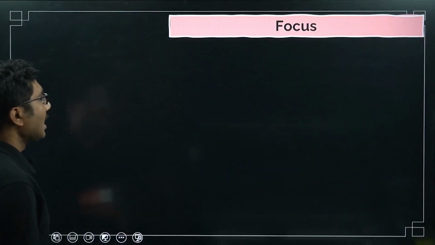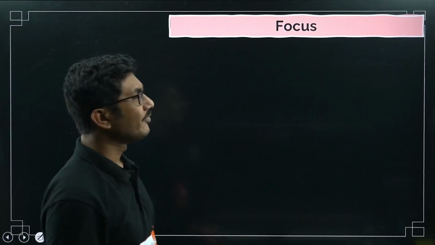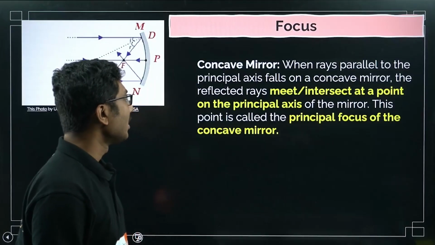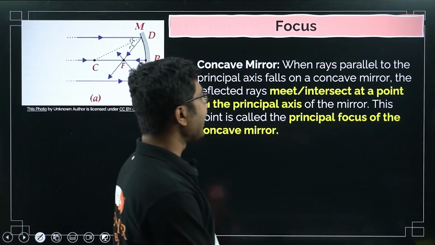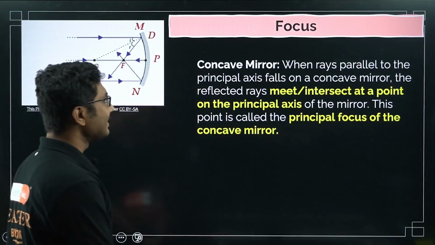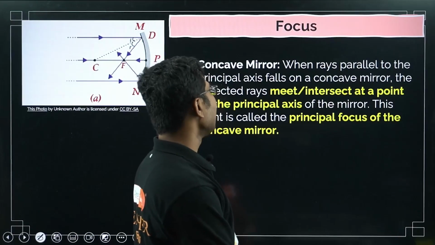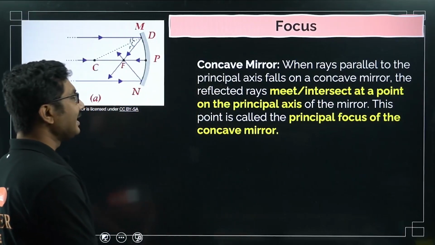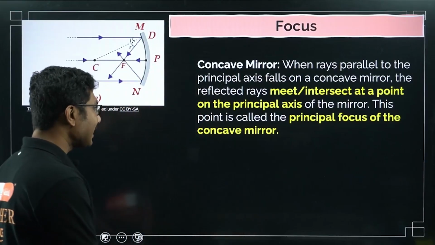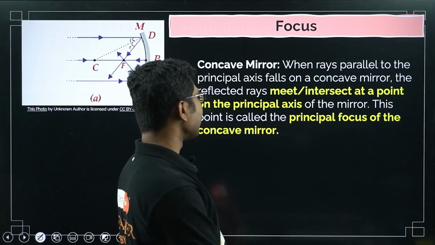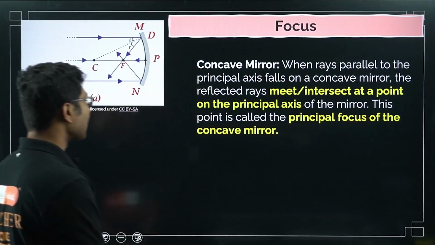Now let's look into another very important term. This is focus. So what is focus? For a concave mirror, when rays parallel to the principal axis fall on it, the reflected rays meet or intersect at a point on the principal axis of the mirror. This point is called the principal focus of the concave mirror.